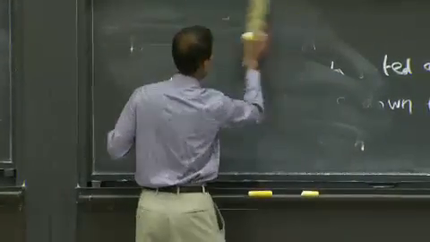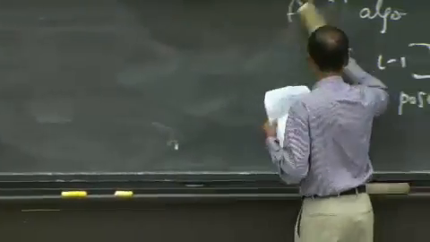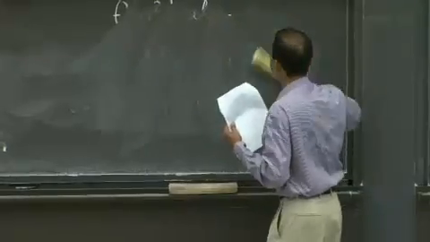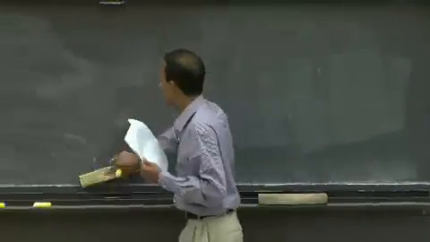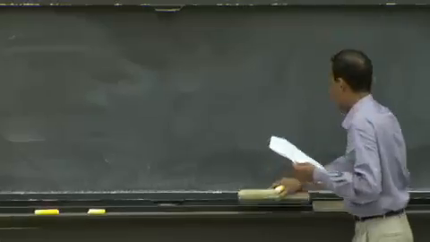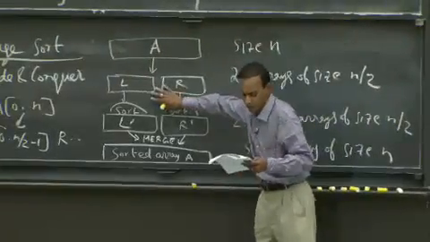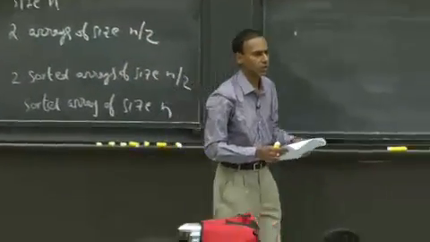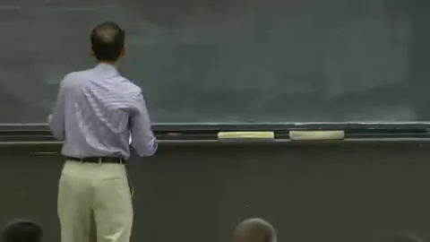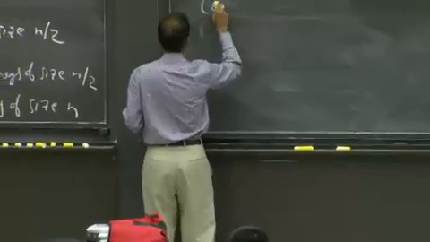So where we're at right now is that we have a divide and conquer algorithm that has a merge step that is theta n. If I look at this structure, I can write a recurrence for merge sort that looks like this.